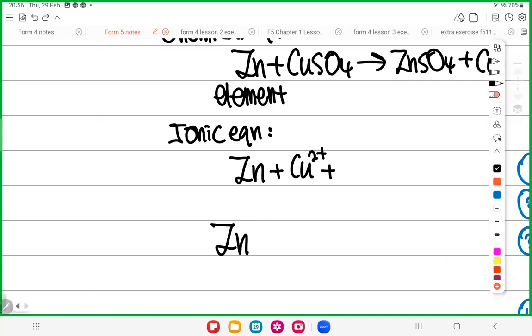Are you okay with that? If there is a charge, you put Zn2 plus. If there is a charge, you put something there. No charge, just put Zn there. Is it okay, Sahara? All right, good. Okay, next one. I like it when you guys ask questions, because when you ask, maybe other people can learn from it as well.